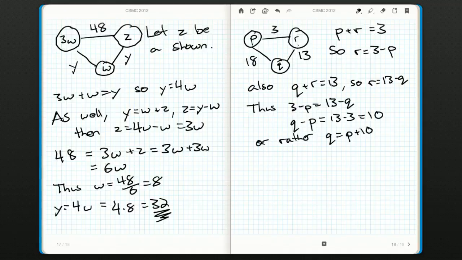Or really, we can bring the P over to the other side as well and say that Q is P plus 10. So now we know that 18 is P plus Q, so that's P plus 10.